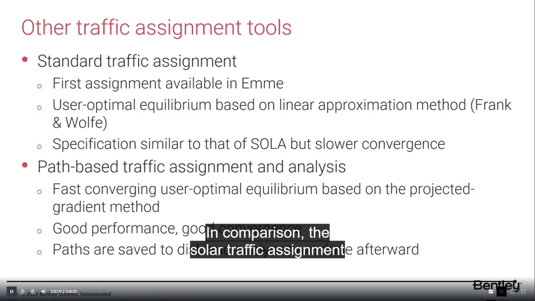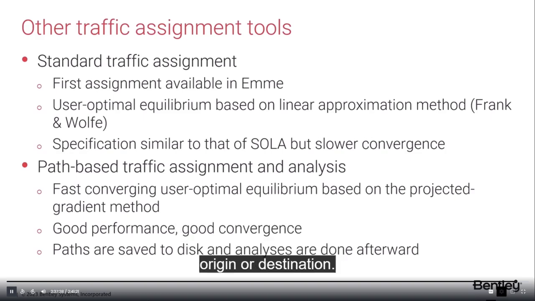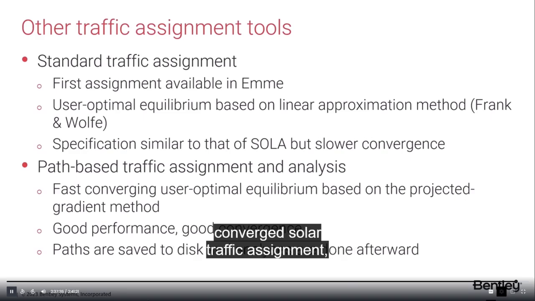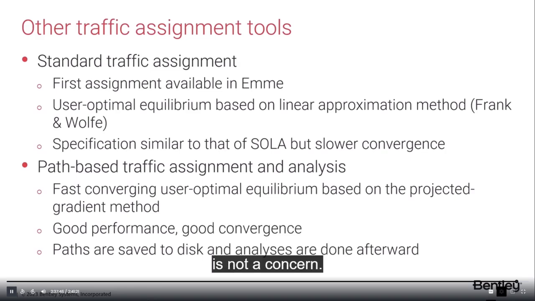In comparison, the SOLA traffic assignment exhibits the property called proportionality, which is defined as the proportions of flow on alternative route segments with equal costs are the same for all drivers, regardless of their class, origin, or destination. So, as a general rule of thumb, for any reasonably well-converged SOLA traffic assignment, the uniqueness of path and class link flows in most travel demand forecasting applications is not a concern.